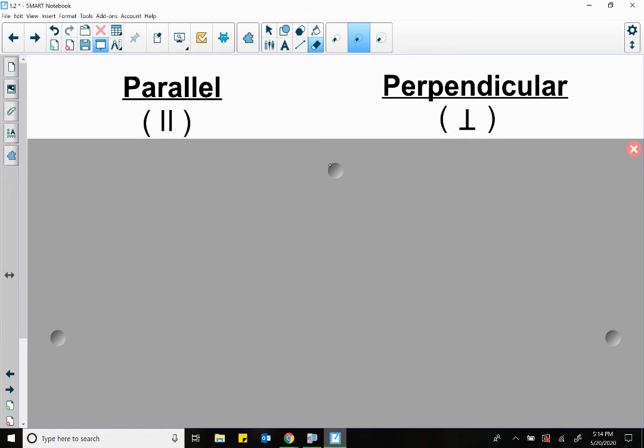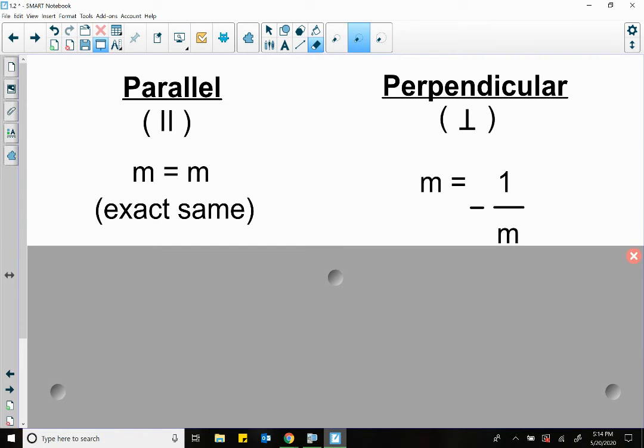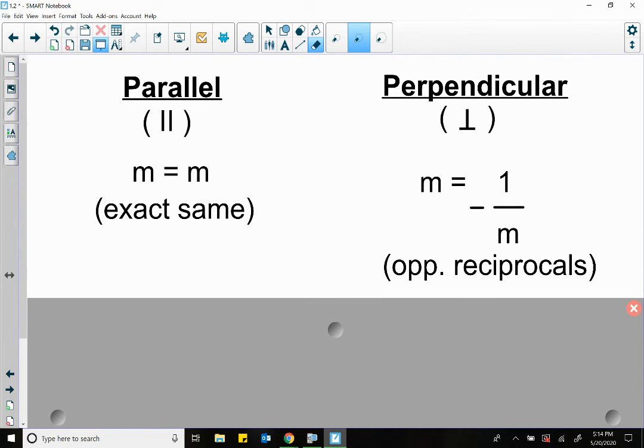So, parallel means that the slopes are the same. Whatever the slope of one line is, a line that's parallel to it has to have the same slope. Perpendicular, as you can see right here, is what we call opposite reciprocals.